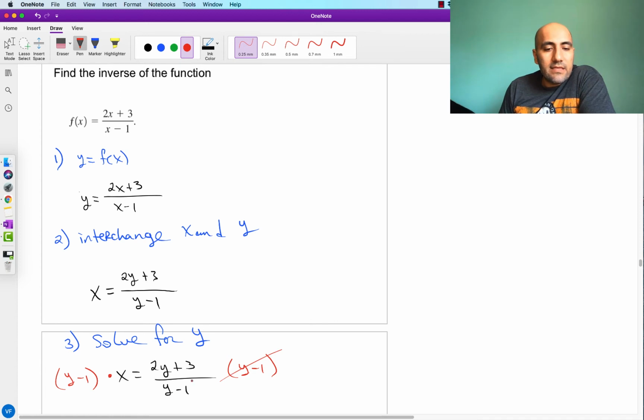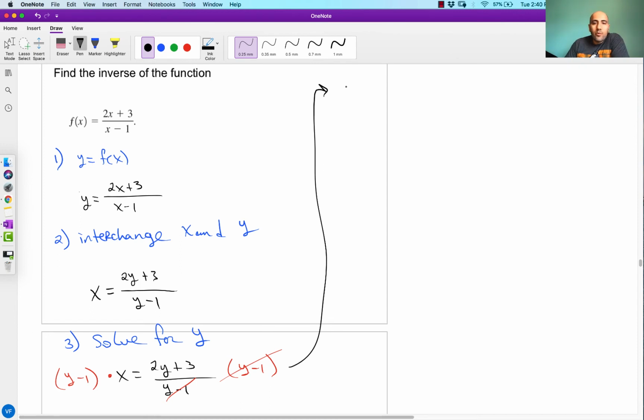On the right-hand side, these cancel, and what we end up with is (y minus 1) times x equals 2y plus 3. Then we're going to distribute, and we end up with xy minus x equals 2y plus 3.